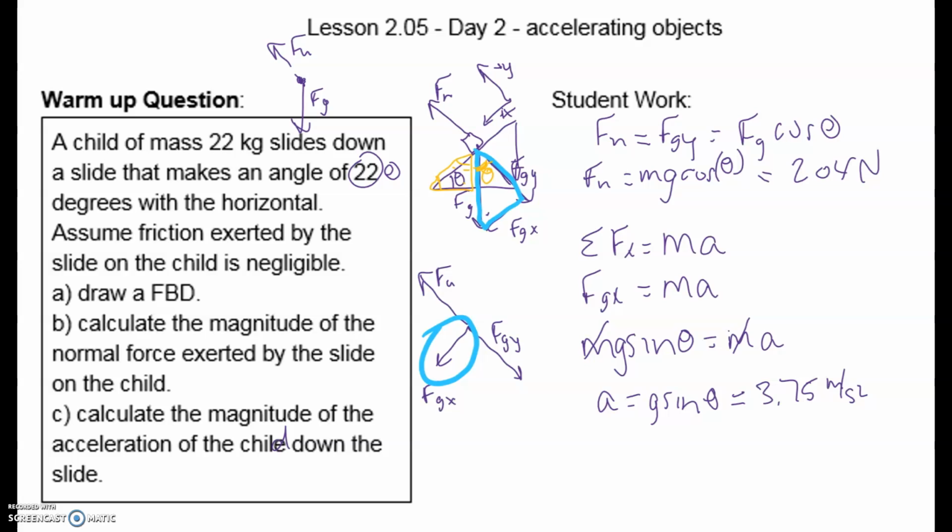You could, in theory, solve this problem by calling horizontal your x and vertical your y. The reason that would be annoying is because now both your normal force and your gravitational force are at angles in your coordinate system. So you have to deal with a bit more math, and your acceleration would also have to be broken up into components which you have to combine into a total acceleration value. It's doable and acceptable. It's just harder and more annoying to do.